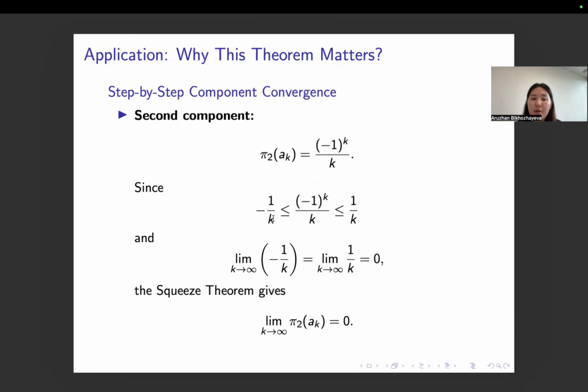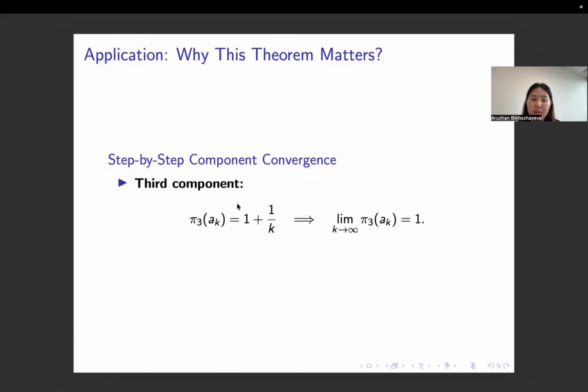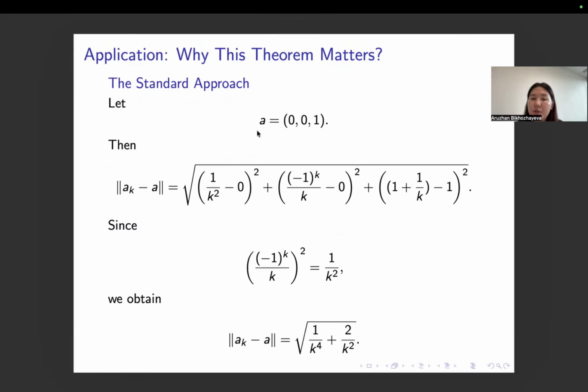Since both -1 over k and 1 over k approach 0, the squeeze theorem tells us that this coordinate also converges to 0. The last coordinate is 1 plus 1 over k. Since 1 over k approaches 0, the whole expression will approach 1. Since all three coordinates converge, the theorem immediately tells us that the vector converges to (0, 0, 1).